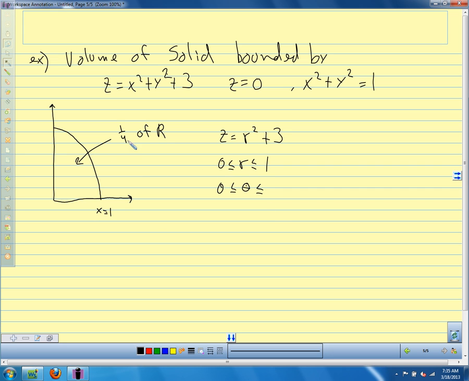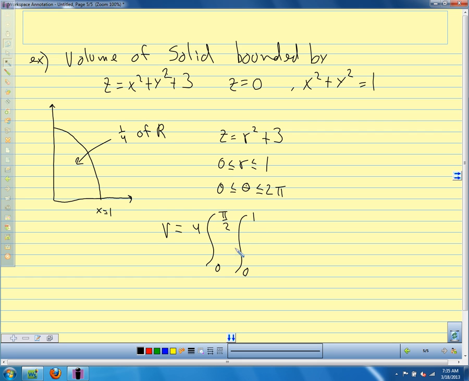And I'm just going to do a quarter of the region and multiply by 4 since it's symmetrical. I'm just going to evaluate the integral on this quarter and multiply everything by 4. So our volume is going to be 4 times the integral from 0 to pi over 2, integral from 0 to 1.